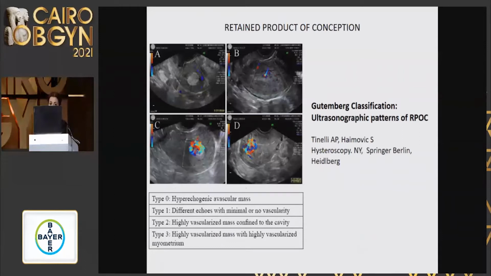So we start with type 0 with hypoechogenic, avascular mass, type 1, different echogenicity with minimal or no vascularity, type 2, high vascularization mass confined into the cavity, and type 3, high vascularization mass with high vascularized myometrium.